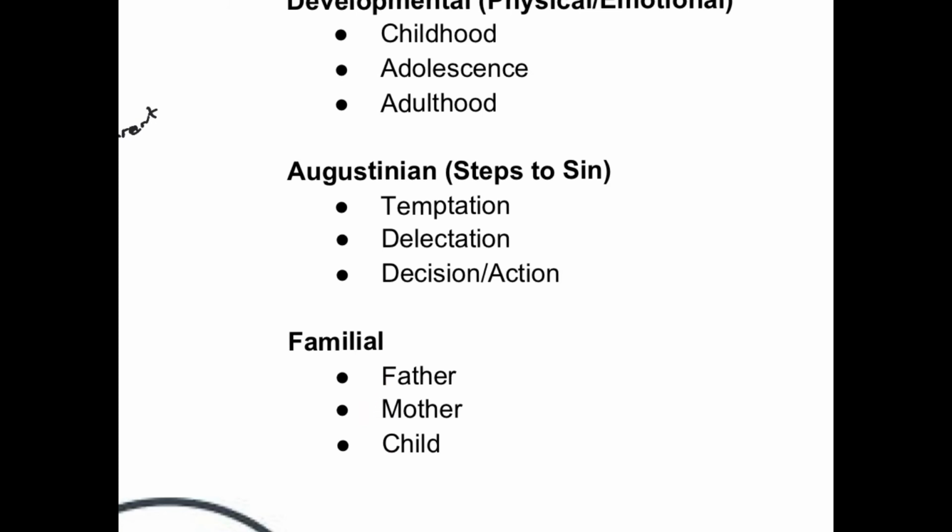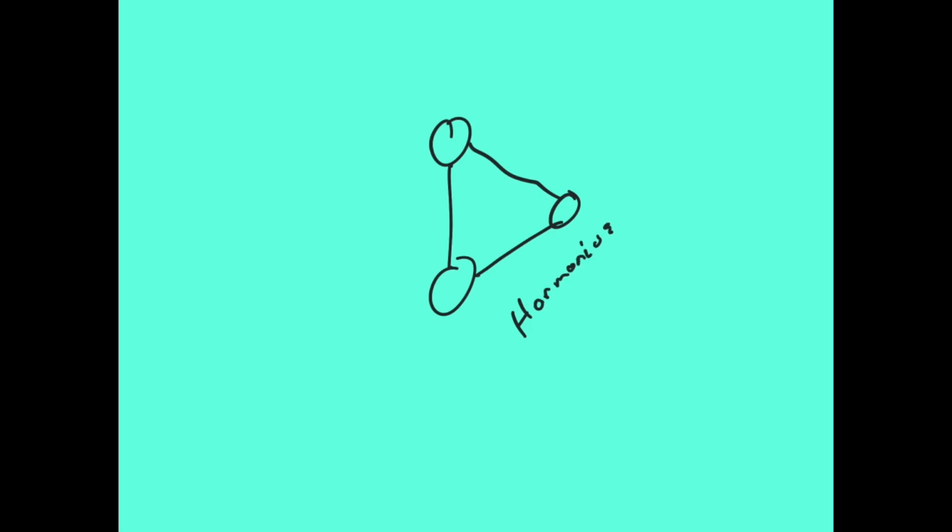So again, what we're getting to is this idea that we have this system of triangles, and in a story that's running on all cylinders where everything is perfect, we have a harmonious interconnection among these three elements.